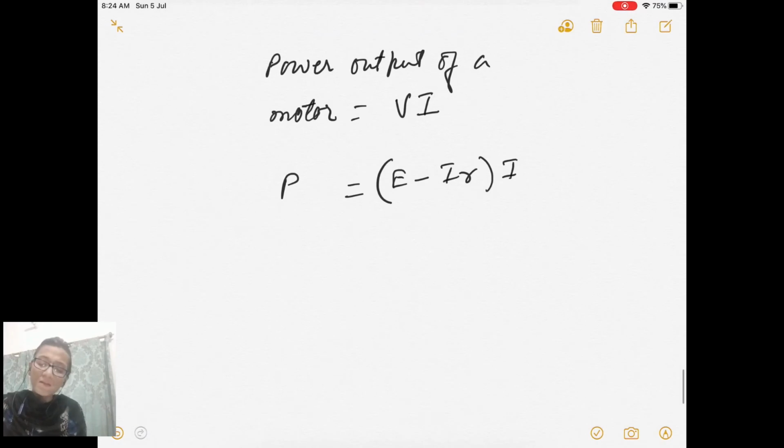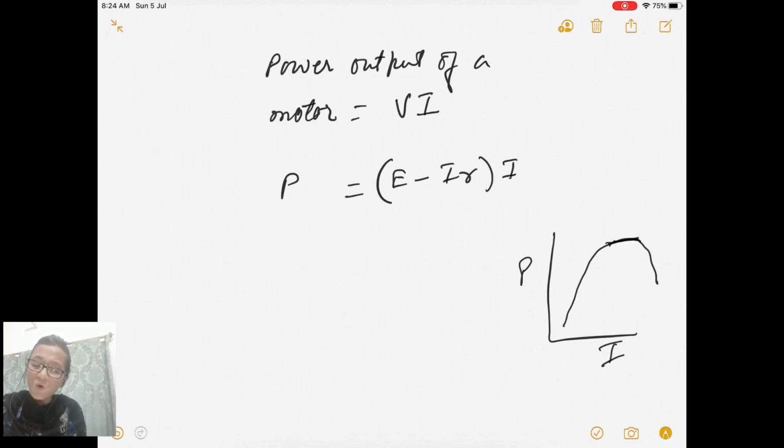Now for maxima, suppose this is a graph of P versus I. At maxima, the slope of curve happens to equal tan theta. Now at maxima, tan theta becomes equal to 0.